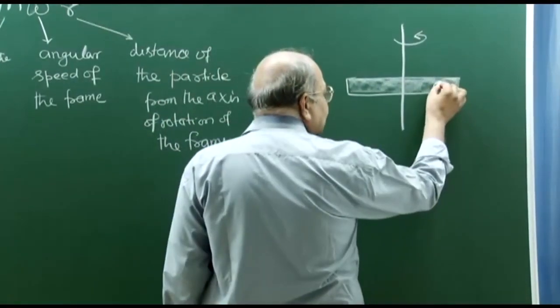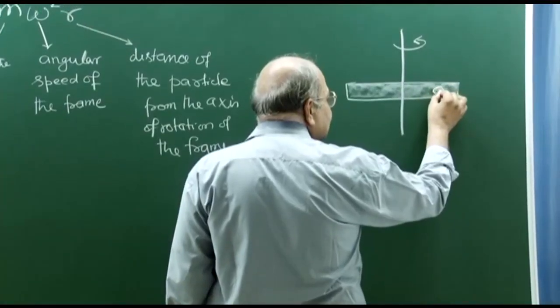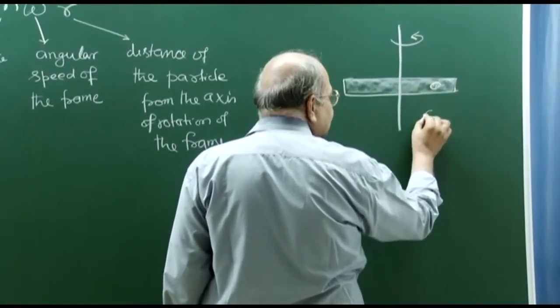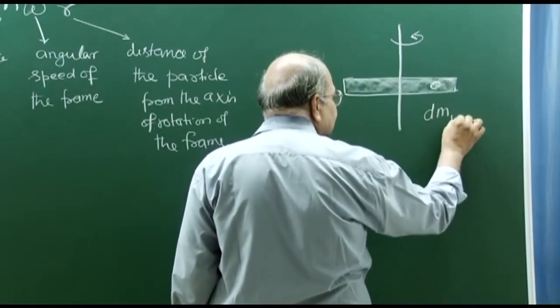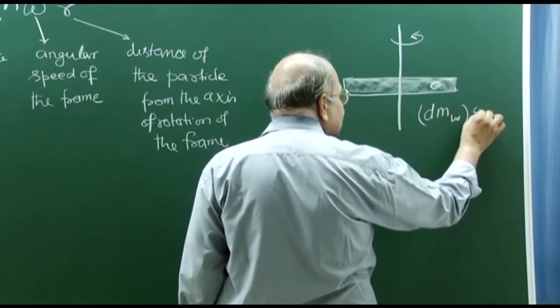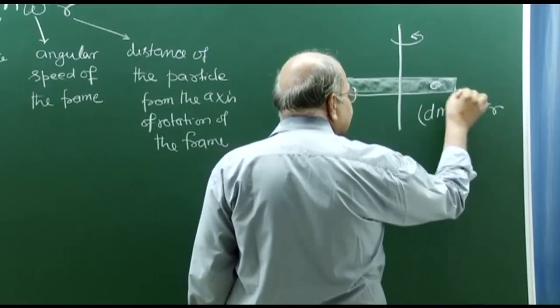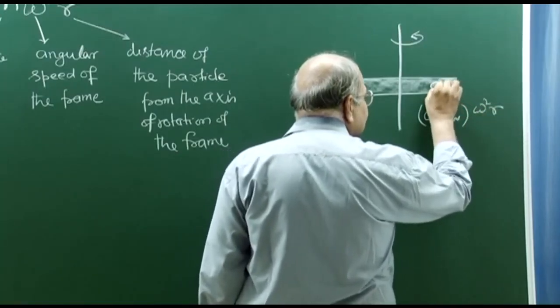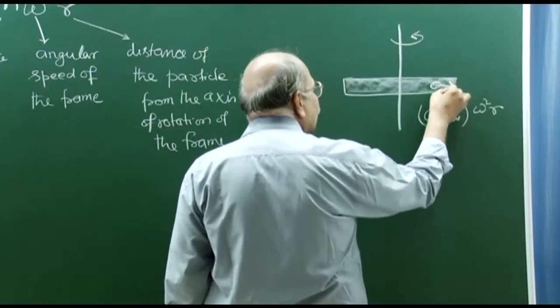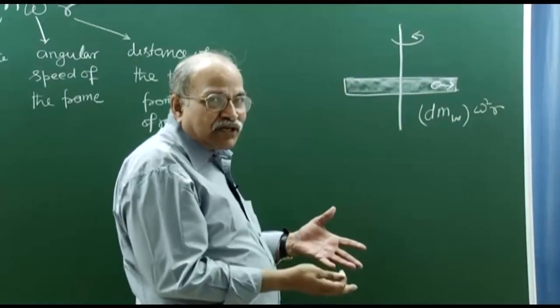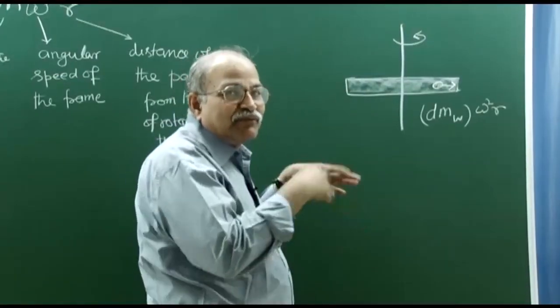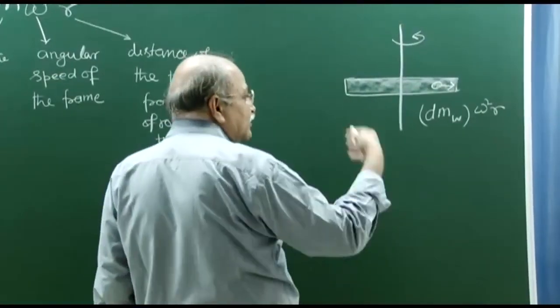So, there is some mass of this, and this mass which I will write dm water, this mass times omega square r, this is the centrifugal force which acts, or I have to take that term, it does not really act because I am in a non-inertial frame, so I am using it, but I will use that same language.